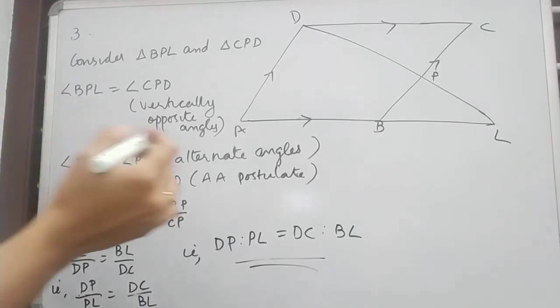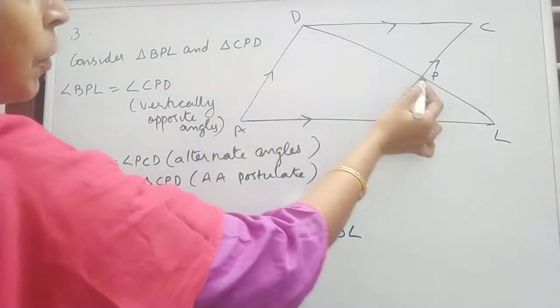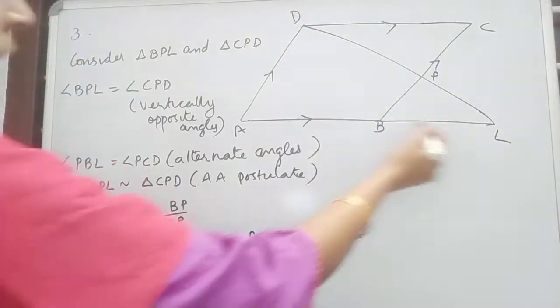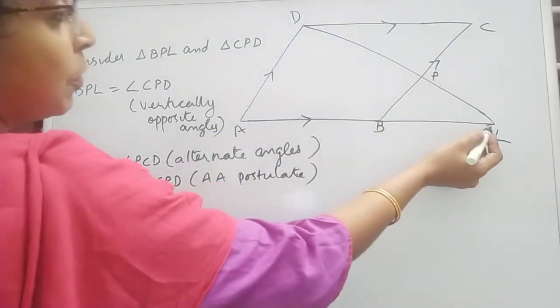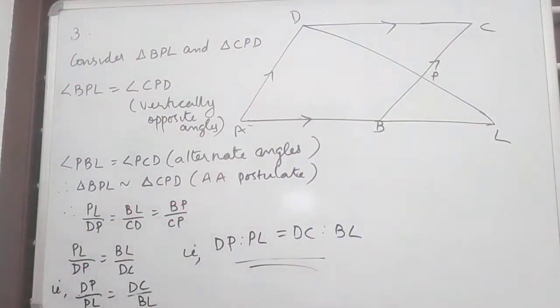Given that P is a point on side BC of the parallelogram ABCD, if DP produced meets this line AB at the point L. So DP produced meets at a point L which lies on that line AB.